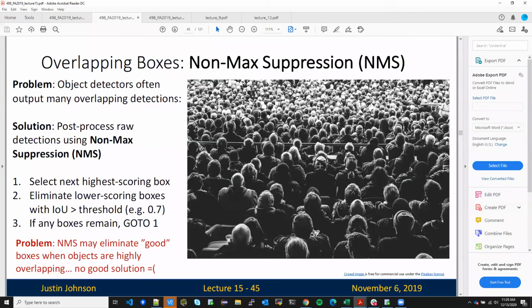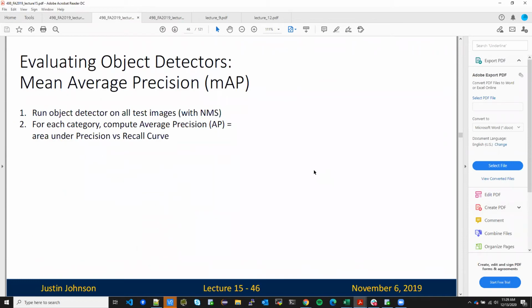Okay, so he introduced a couple of concepts. First was IOU for object detection, then NMS for suppressing overlapping boxes, so you have only one prediction. One other complication that comes up with object detection is measuring the performance.